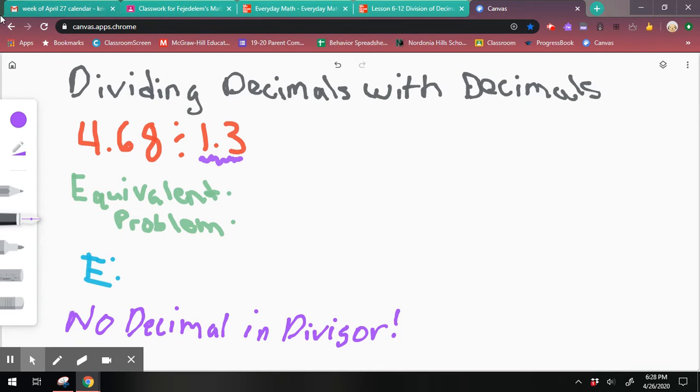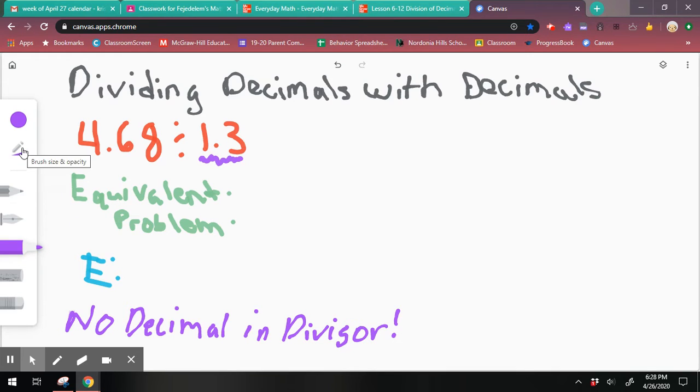We have what's called an equivalent problem. To make an equivalent problem, we have to do the same thing to our divisor as we do to our dividend. So we have a decimal in our divisor right now.